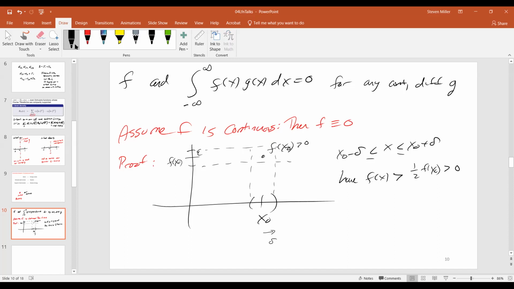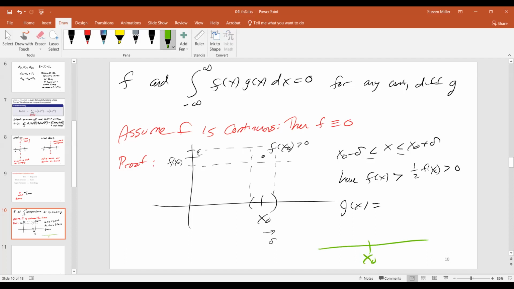And now what should we do for g? We could use an indicator function that's 1 on the region and 0 elsewhere. Well, we have to be a little bit careful because we want it to be continuous and differentiable. You can use a bump function though.